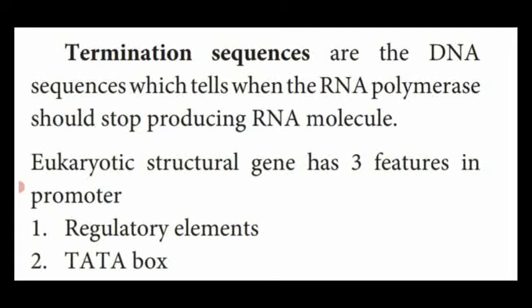Another one, termination. Termination means to remove or stop. That is the termination sequence in the DNA, which gives the information when the RNA polymerase should stop producing the RNA molecule.